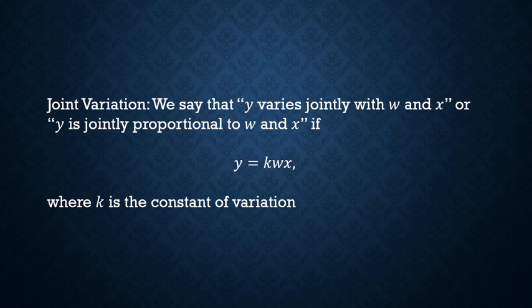Similar to direct variation, but here we have two things that multiply with each other and this constant of variation, and we get y. That constant of variation, k, in every type of problem that we see in this video and in the section, is an unknown constant that we are going to be solving for.